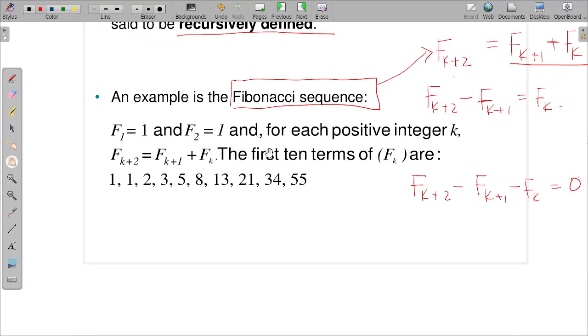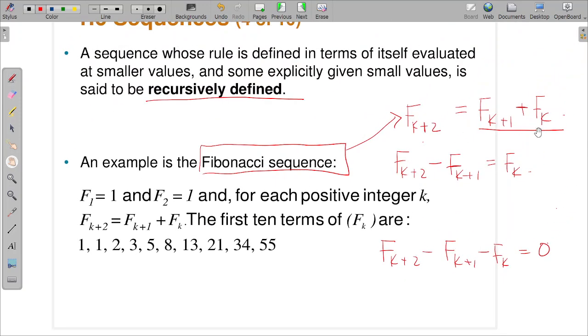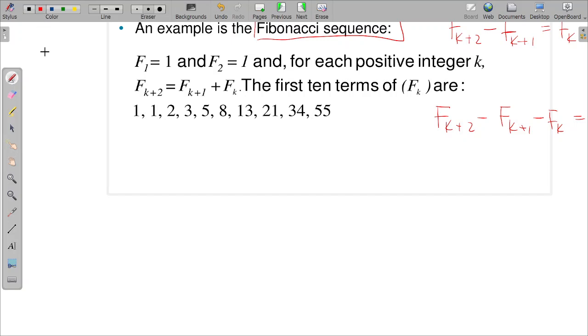Because we have k plus 2, for example, if k is 0, then we are going to be beginning this Fibonacci sequence at 2.